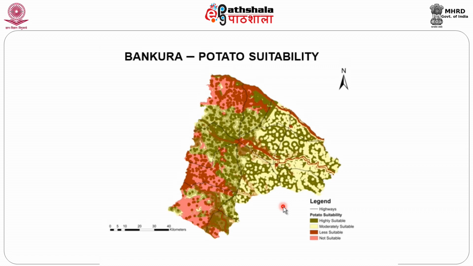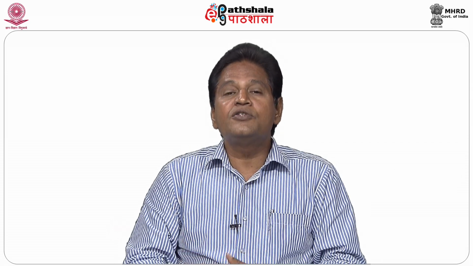You also have potato suitability, lands which are useful for potato, because rice requires more water when compared to potato, and sugarcane requires much more water when compared to potato and rice. So, again the parameter of water availability matters. Just because you have land and good soil, it is not going to help you in any way.